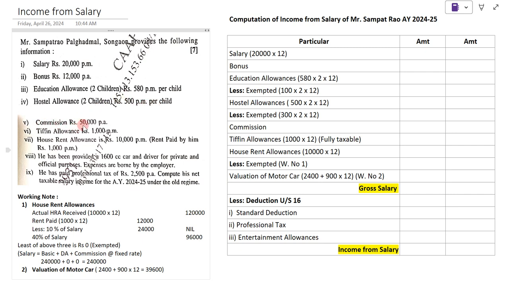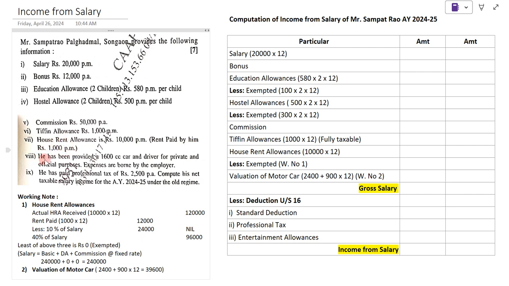Then commission rupees 50,000 per annum. There is tiffin allowances rupees 1,000 per month. Then house rent allowances is given rupees 10,000 per month, and from that, rent is paid by him. That means the rent is paid by the employee, rupees 1,000 per month.